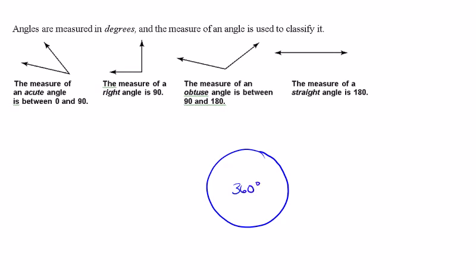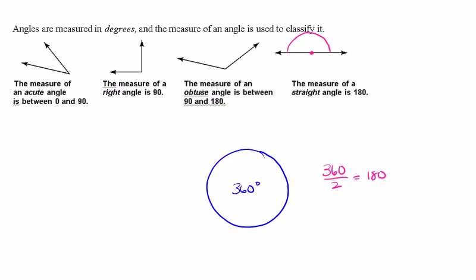So what if we cut the circle in half? If we cut the circle in half, how many degrees would we have? That's right, 180. When you have a straight angle, its measure is 180 degrees.